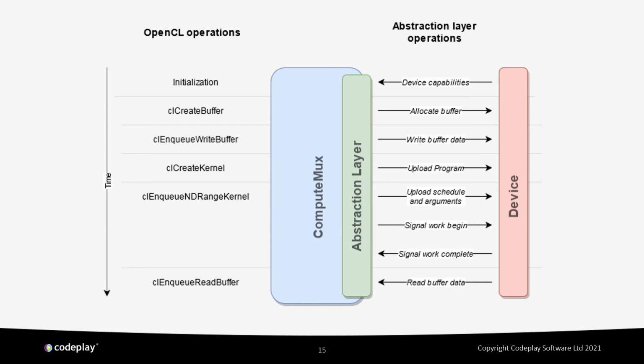Please read so many bytes into that buffer from the device. A lot of the operations that happen at the abstraction layer level are still very high level, which means it's very easy to map this to whatever API the device exposes for interfacing to it.